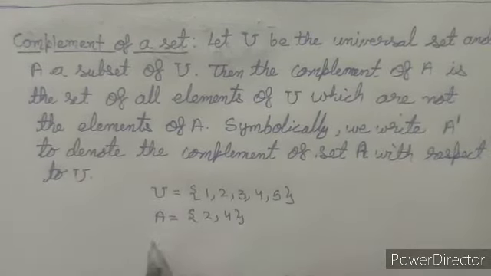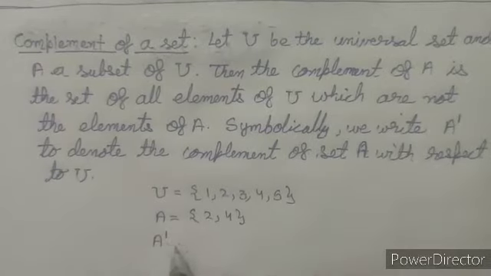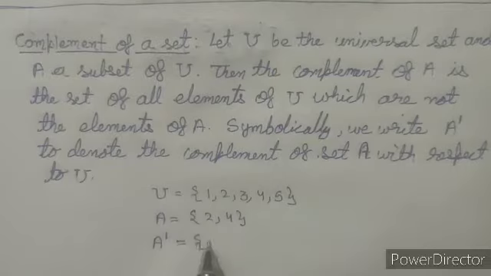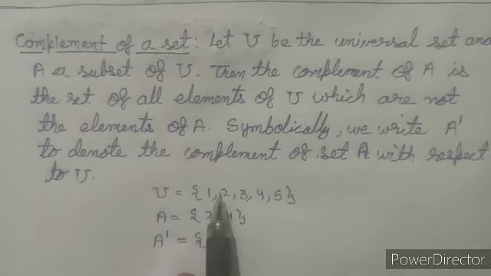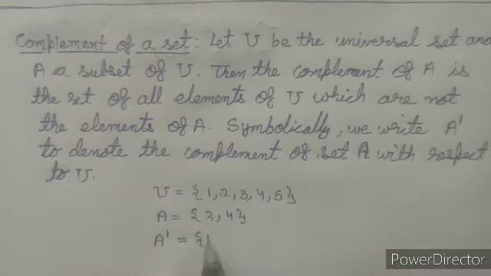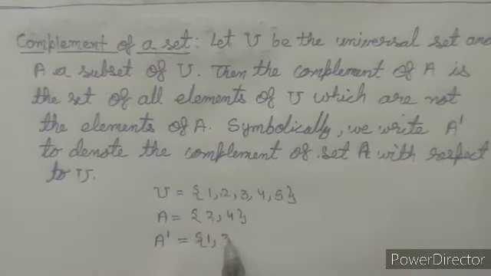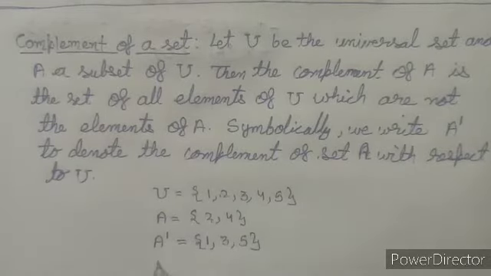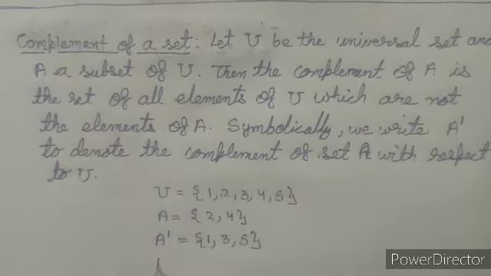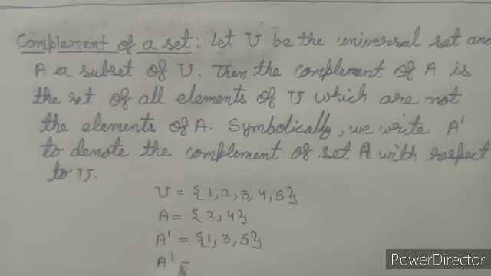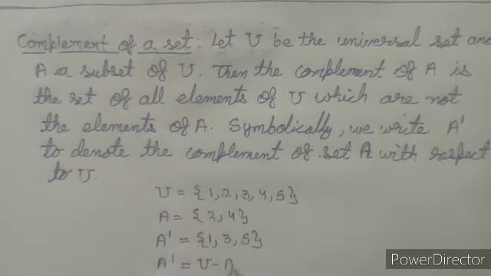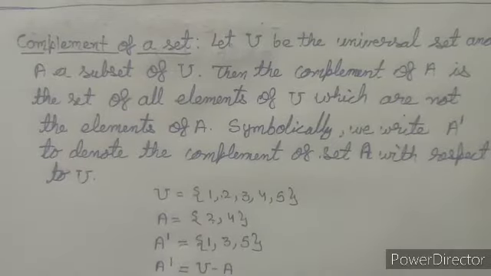Now the complement of set A, that is A dash, is equal to the elements which are in the universal set but not in set A, and those elements are 1, 3, 5. From this we can also write that A complement is equal to universal set minus set A.